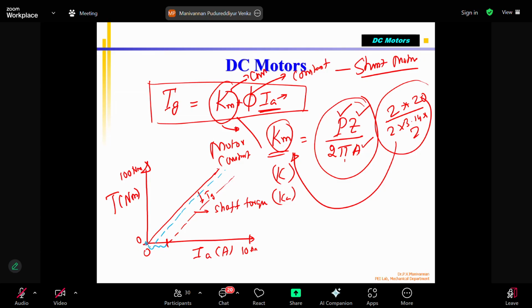But as the current increases, say for example, this is 0.5 amps, this is 1 amp, this is 2 amps, like this it goes to 10 amps. Up to about 0.5 amps, even if you give some voltage and current is there, the motor shaft may not rotate. Load, bearing friction, all these mechanical losses prevent the torque production.